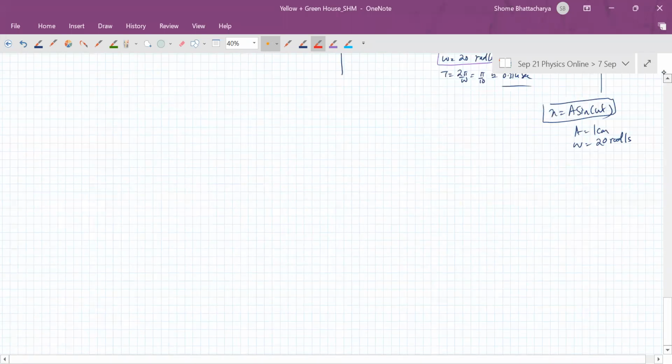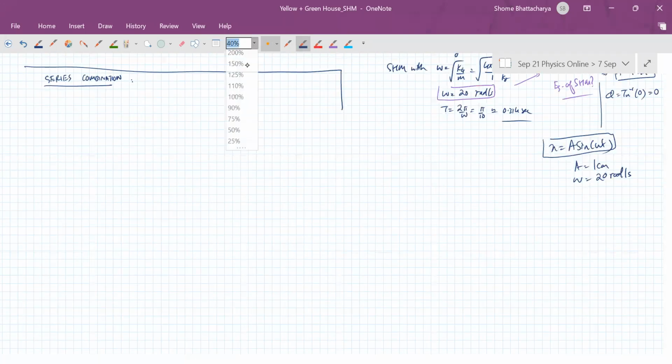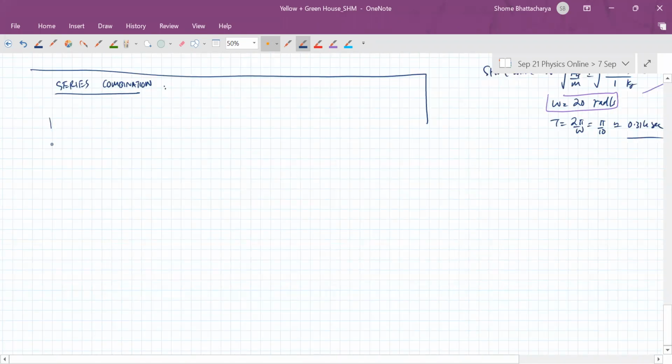Okay, so let's see about the series combination. So we have a combination of two springs joined end to end like this, which have natural lengths L1 and L2 and spring constants K1 and K2.